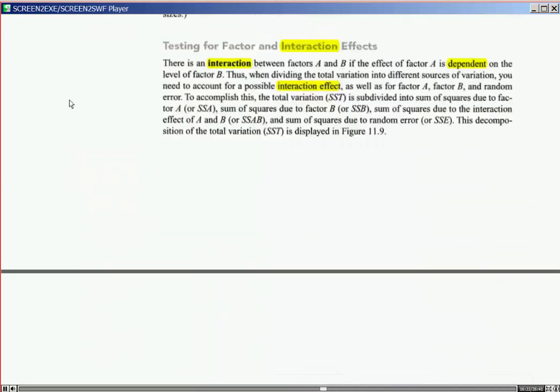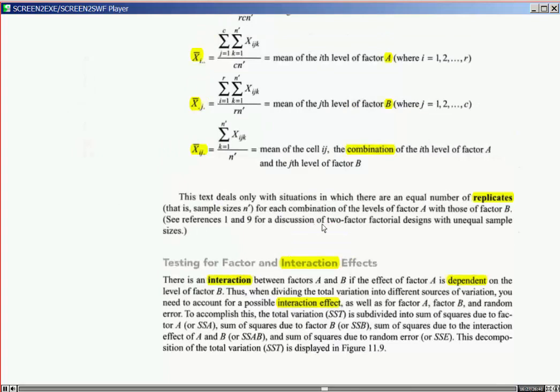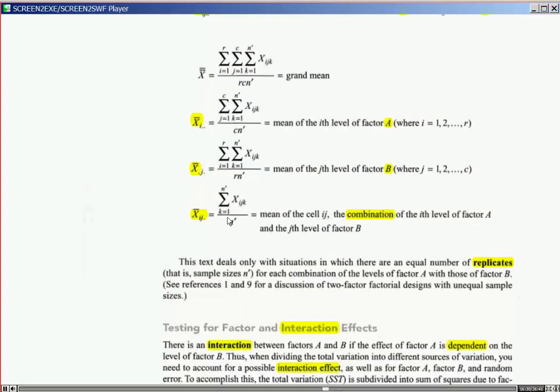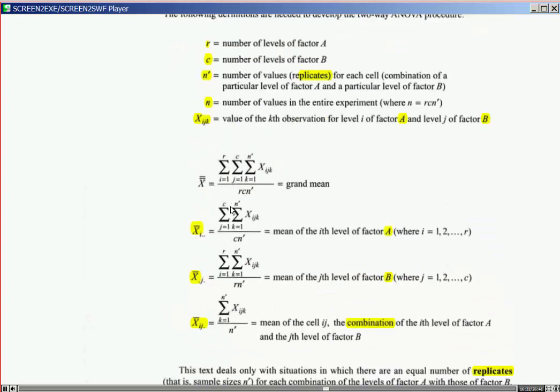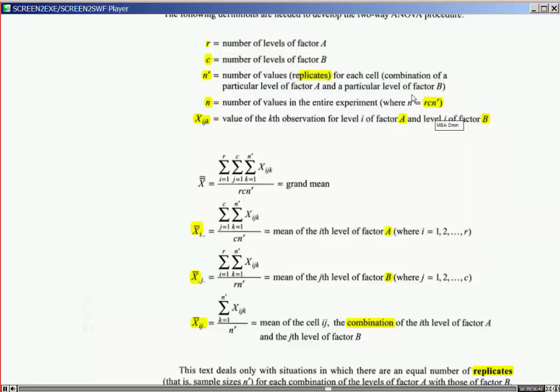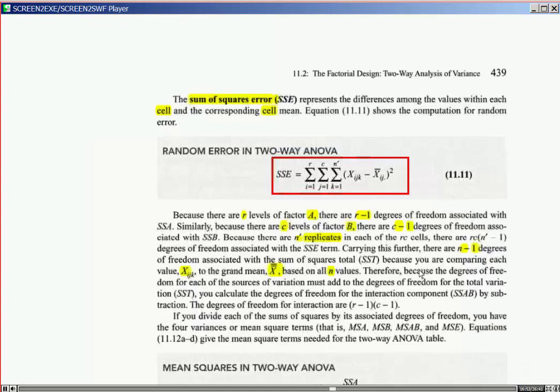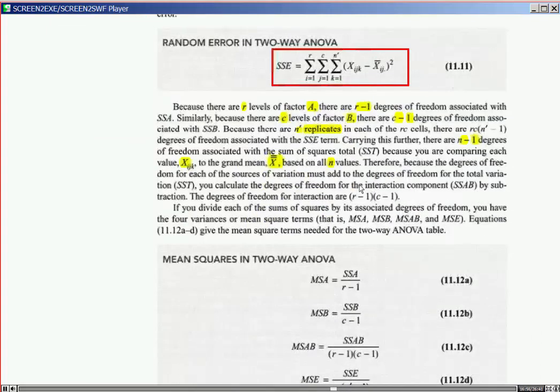Okay, where is it? Here. I'm going to put a little rectangle around it so we can remember it well.